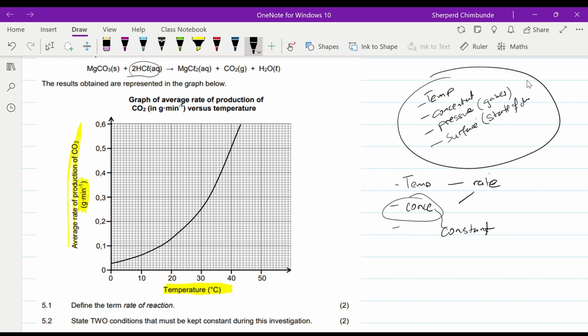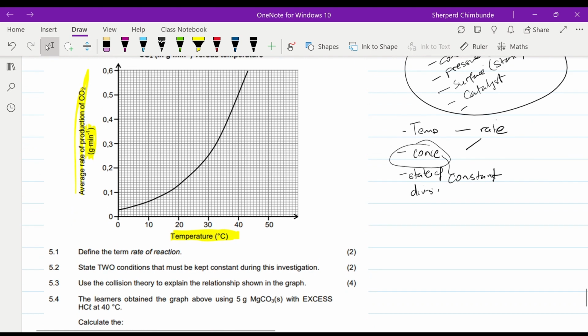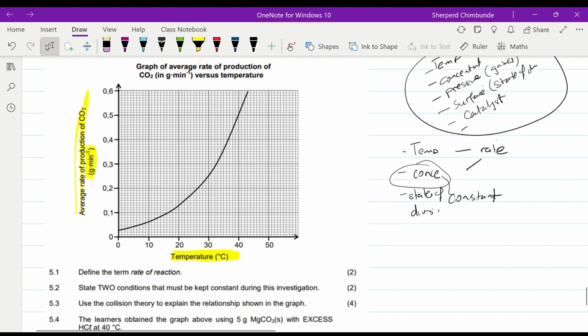So here you can mention any of these that need to be maintained, or even a catalyst. So you are going to say that any of these should remain constant. The concentration of the acid and the state of division must also remain constant for it to be a fair experiment.